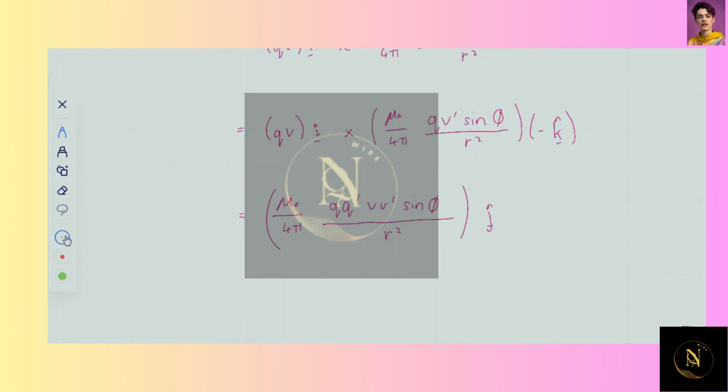So the force due to q prime acting on q acts along the j direction.